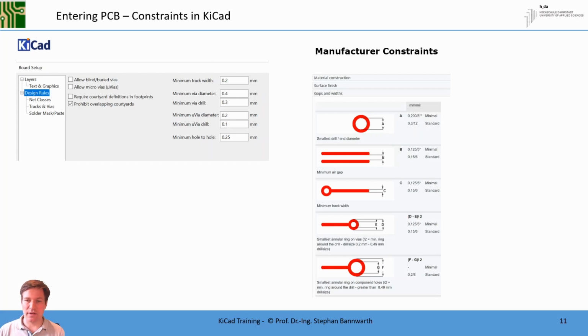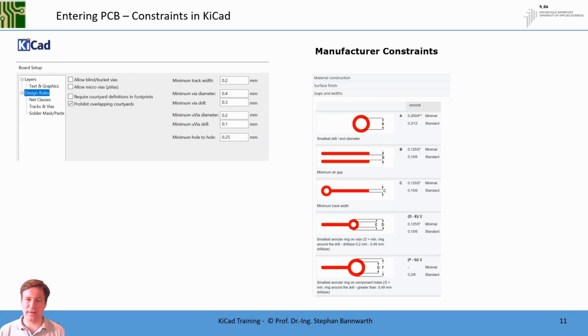So to have a reliable, stable production process, it's also very important not to trace all tracks with the minimum width. Minimum width should be used in the moment you have to go through some tiny spaces. Okay, so keep this minimum track for very nasty and exceptional situations in layouting.